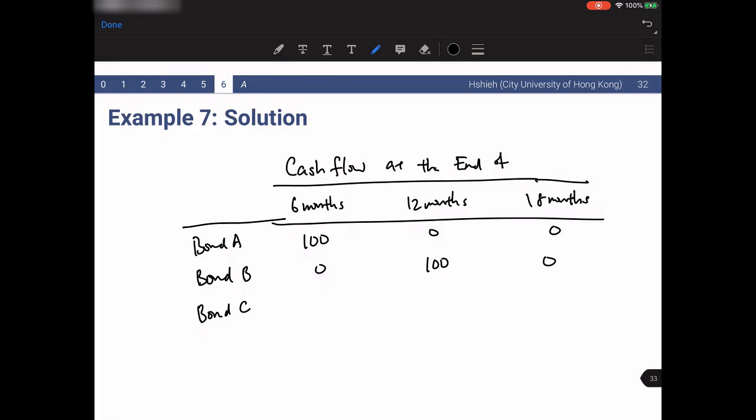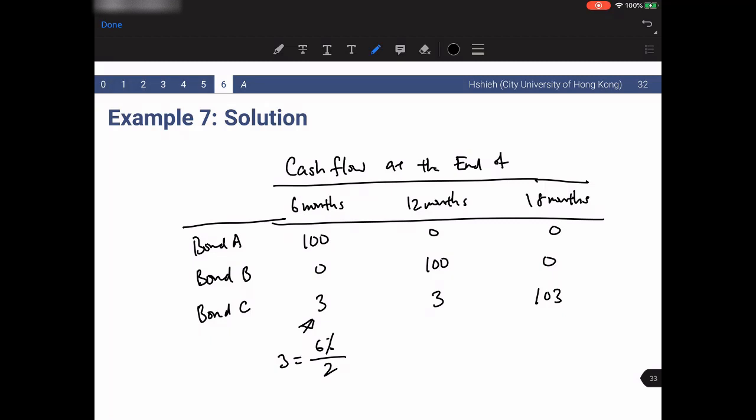So we divide that by 2, 6% divided by 2 equal to 3%, right? Multiply that by the face value. So we will actually get $3 every 6 months. And a final bullet payment of $100 plus $3. So this $3 comes from 6% divided by 2.